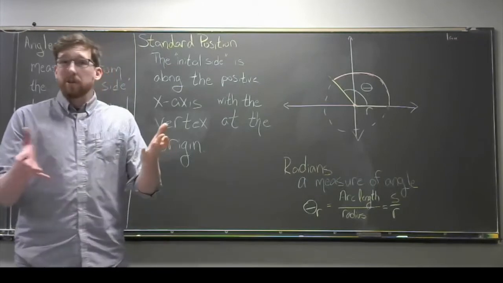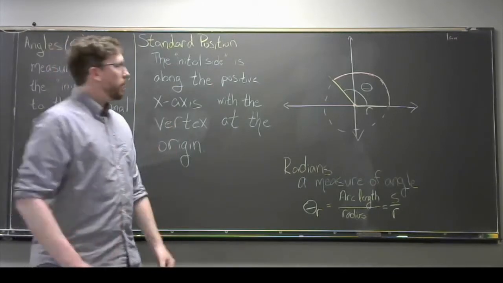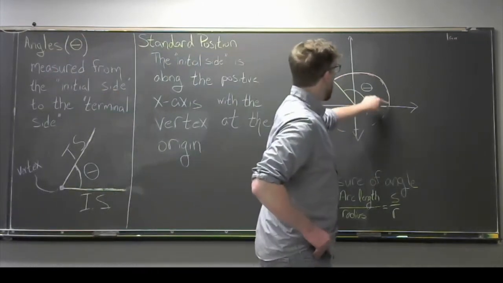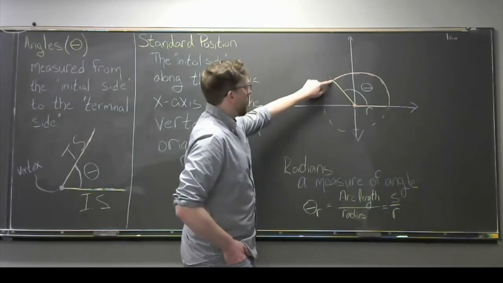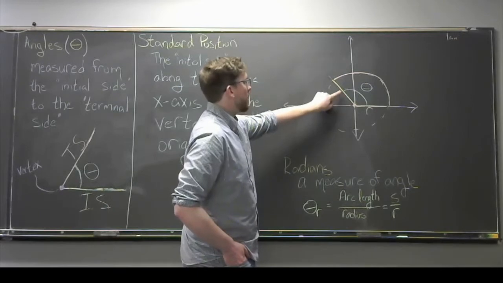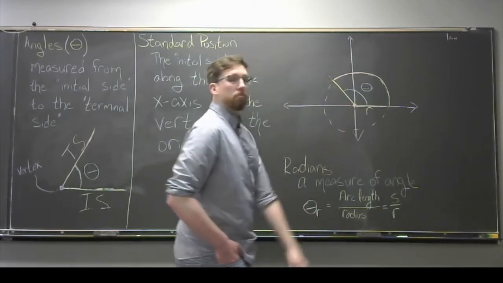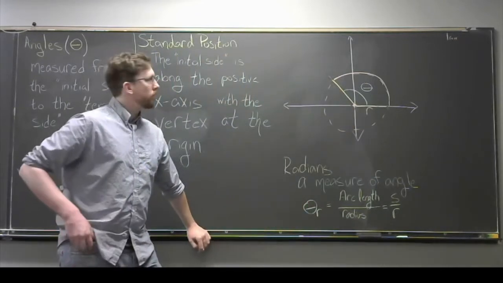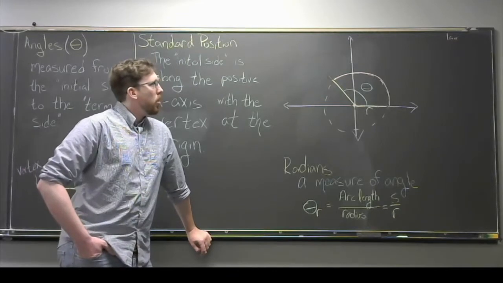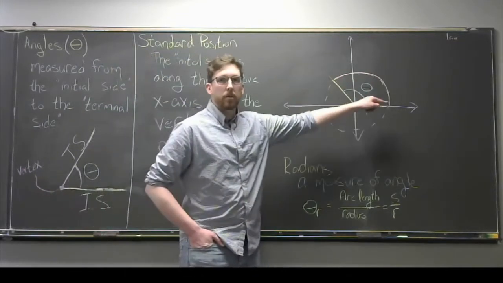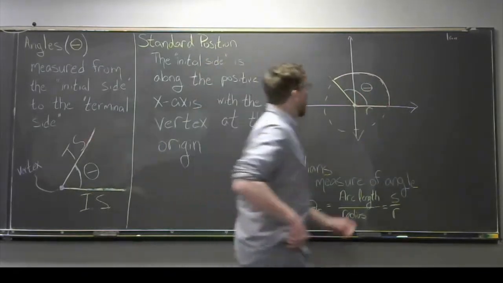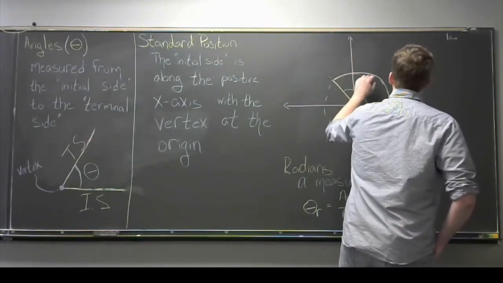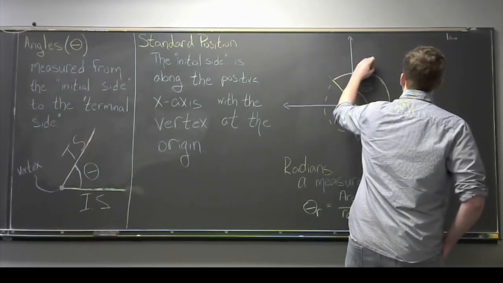It would kind of look like just a sliver of a pie, right? So we have this arc, the initial side, and the terminal side. The terminal side has the same length as the initial side. We call this arc an arc segment. Go figure. And it has a length that we call the arc length.